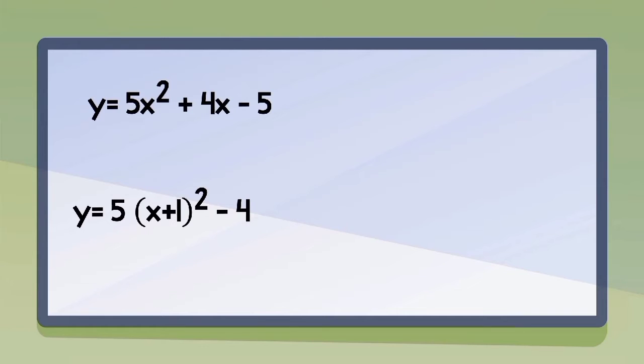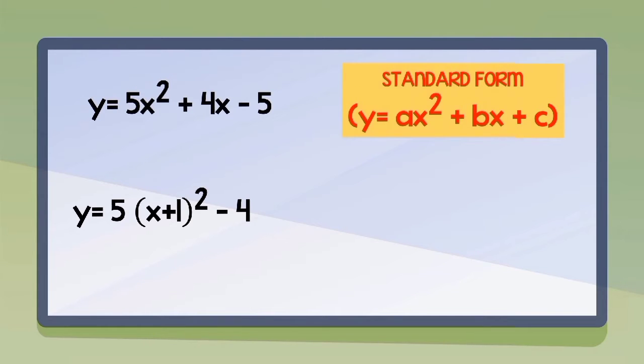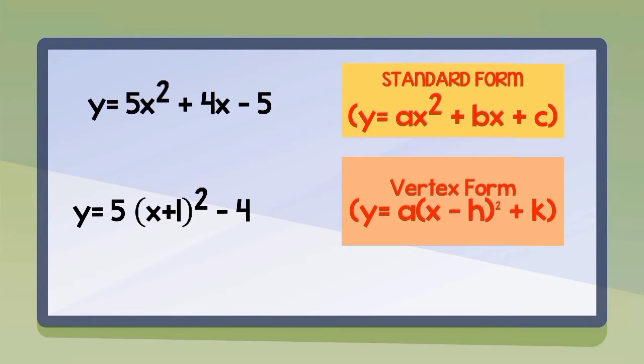Notice that the first function is in standard form, y equals ax squared plus bx plus c, while the second is in vertex form, y equals a times x minus h squared plus k, where (h, k) is the vertex of the quadratic function. This is important especially in graphing the quadratic function and getting its turning point.